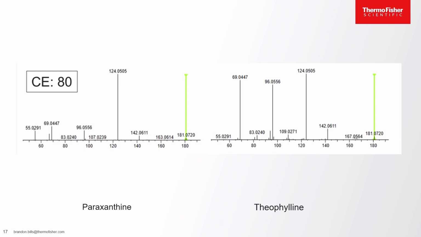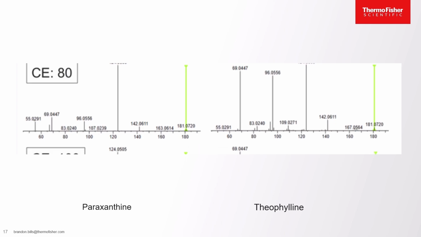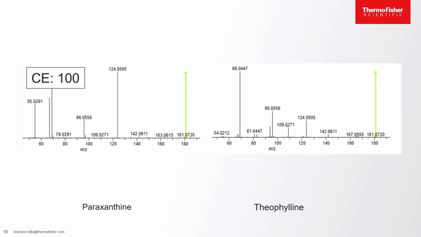If we take that one step further, we can see that paraxanthine is still dominated by this 124 peak, but it also has this 55 peak, which is just not showing up in theophylline.